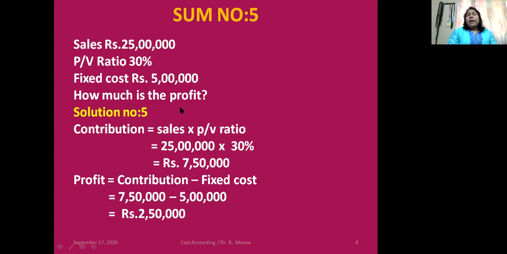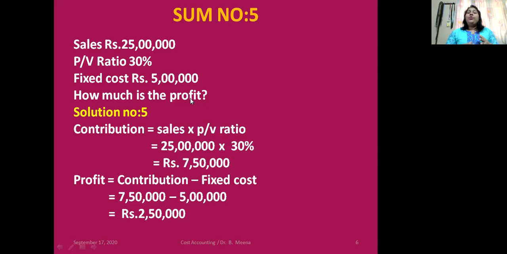I have insisted again and again: always have the marginal cost statement in your mind. Sales minus variable cost gives contribution. If you know the contribution, and you have the fixed cost, compare the contribution with your fixed cost, and then you can find out the profit.